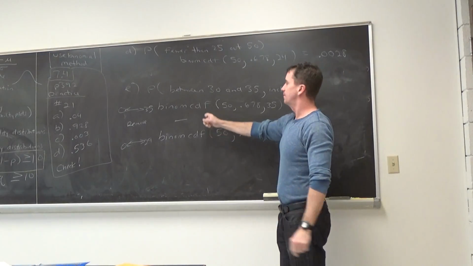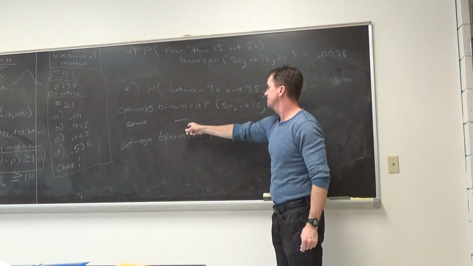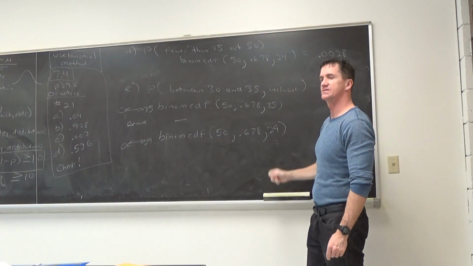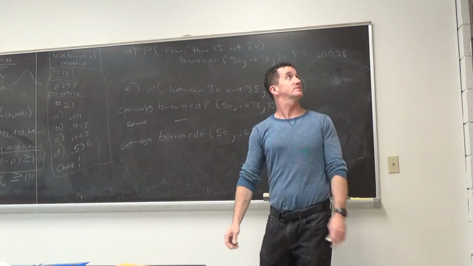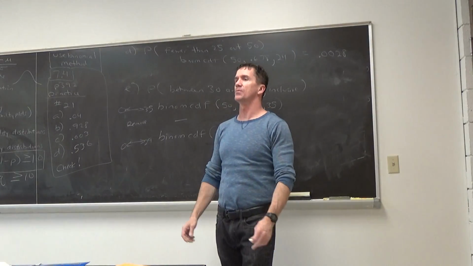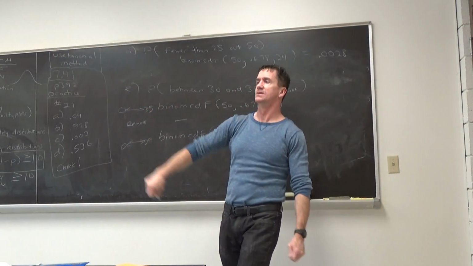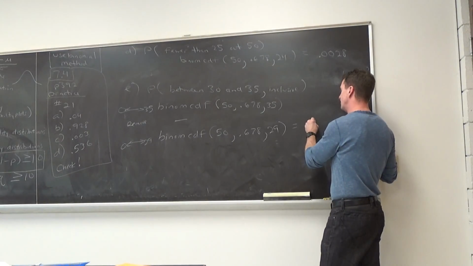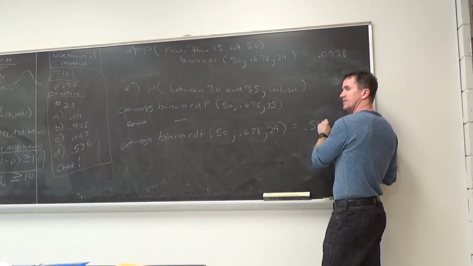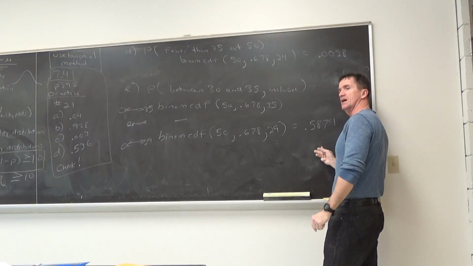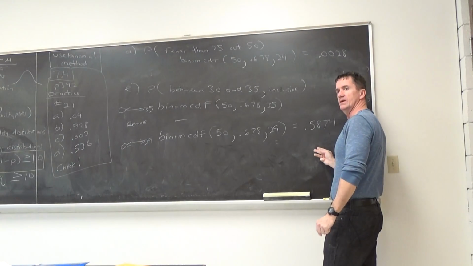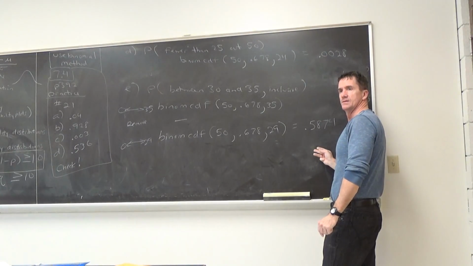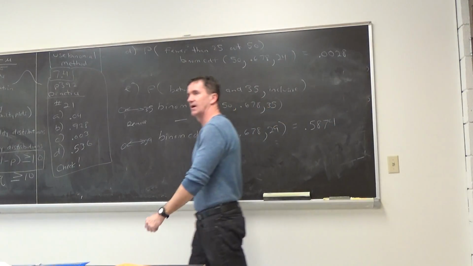So what's binom CDF this minus binom CDF this? As long as we get 2 people to get the same answer, I'll put it on the board, we're done. What do you all get? 0.5874. Do we have a second on that? That's 2, that's right. Good job.